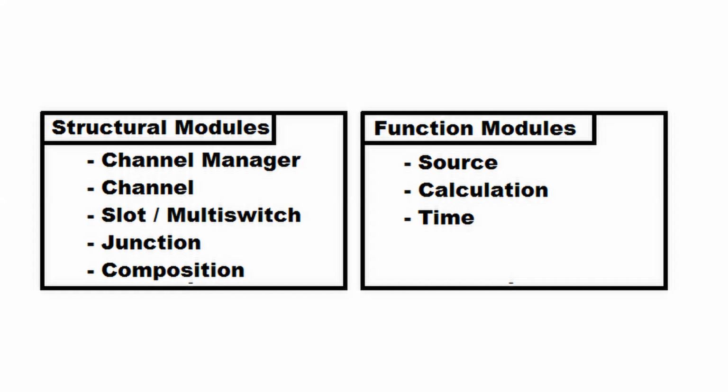I think the most intuitive part is there are structural elements or modules and some which perform functions. Structural modules can be used, for example, to create mixers, so you create a structure which will end up providing you some kind of a mixer. We will see that. So that's what structural modules are for, and then there are function modules.